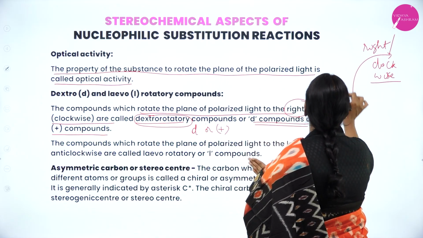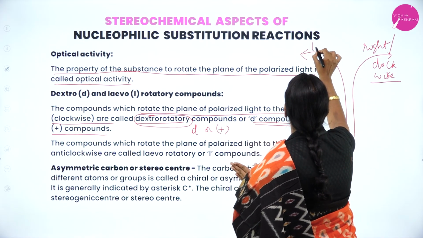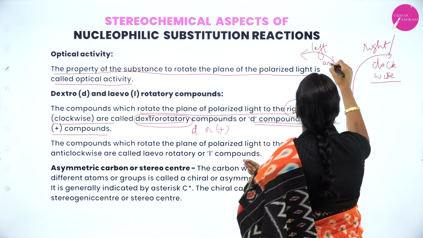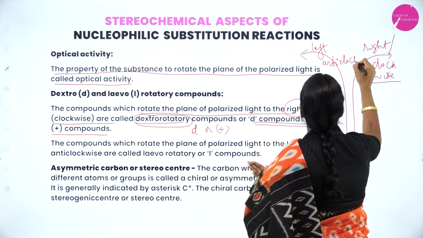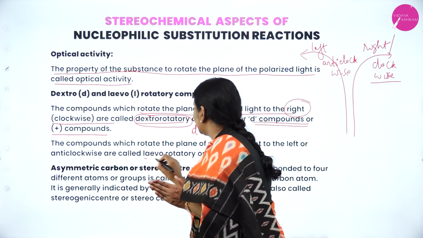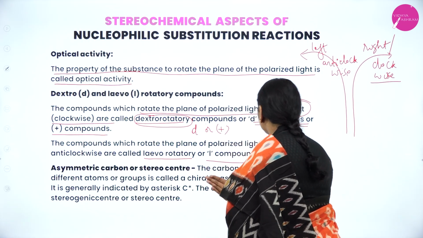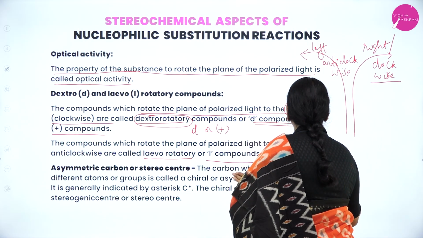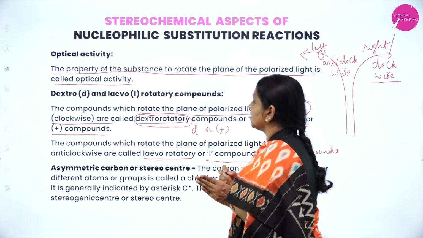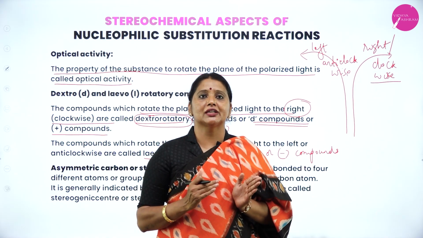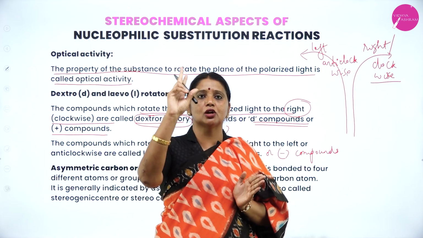If the plane polarized light rotates to the left or in anti-clockwise direction, they are called as levorotatory, or L compounds, or minus compounds. In optically active compounds, there are how many types?